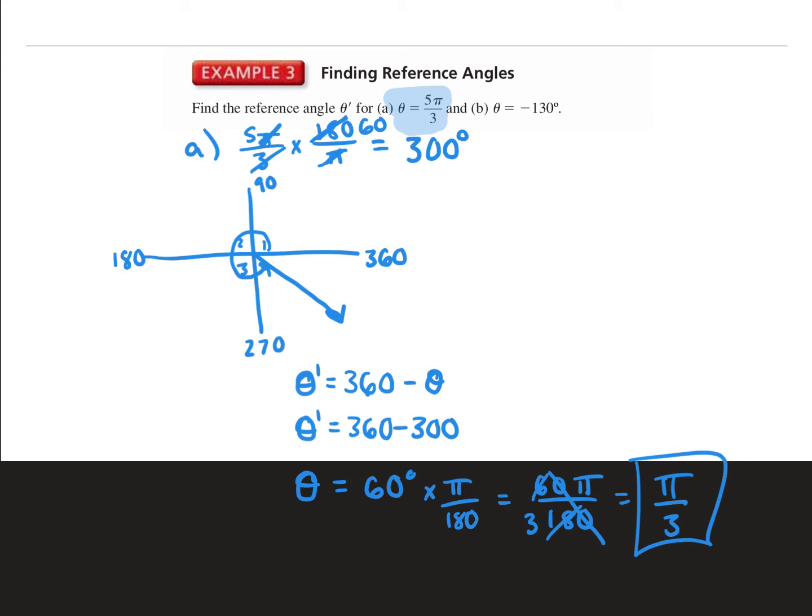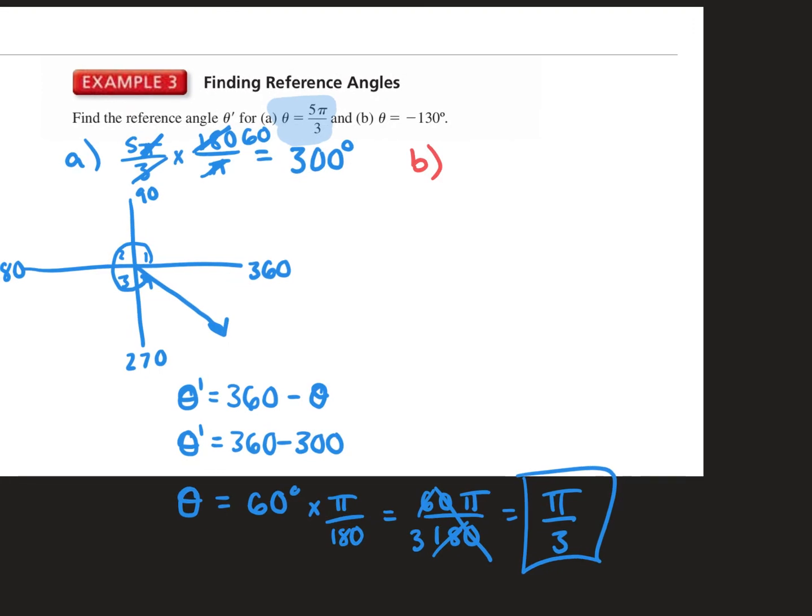All right, let's take a look at B. Here it gives us theta is equal to negative 130 degrees. Whenever it gives us a negative theta to start out with, we don't like to work with negatives, just like we don't like to work with radians. So we want to change this to the positive coterminal angle.